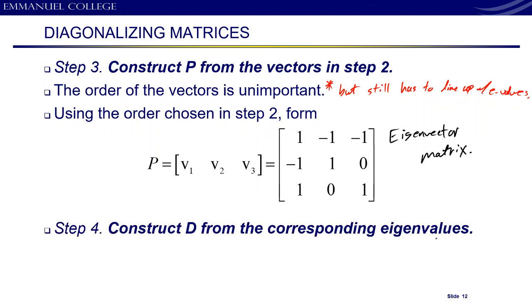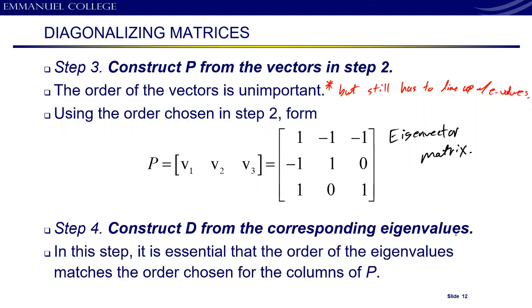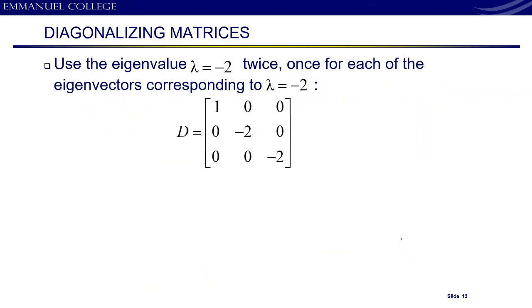And then you construct D from the corresponding eigenvalues. Now this is where that kind of the order is unimportant. The order is unimportant until you start pairing up things. Because technically you could have went v2, v1, v3, but you had to make sure that then you would have lambda 2, lambda 1, lambda 3. So to correspond, you would have this.